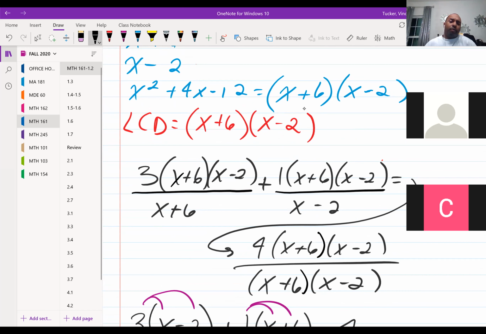And so you see we have 3 times x plus 6, x minus 2 over x plus 6, plus 1 times x plus 6, x minus 2 over x minus 2, equal to 4 times x plus 6, x minus 2 over x plus 6, x minus 2.